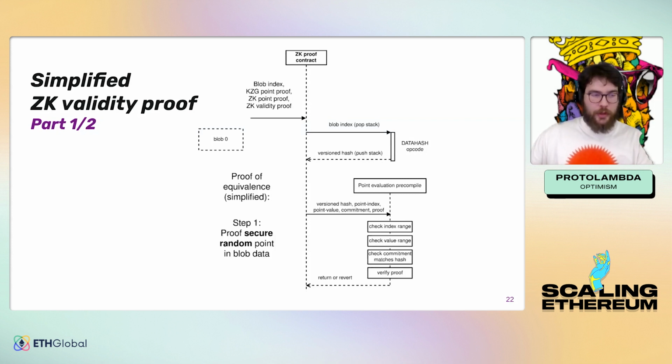And since not every ZK rollup is built with KZG, what some will have to do is this proof of equivalence to show that the KZG commitment over the data is equivalent to the commitment that they prefer to use. Luckily, because this is a polynomial commitment, this can be done rather efficiently as part of the ZK proof.